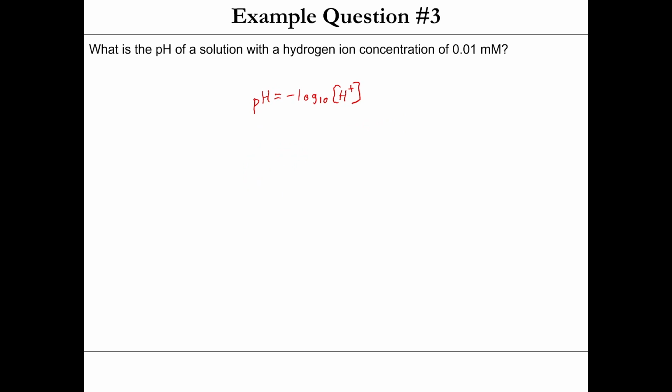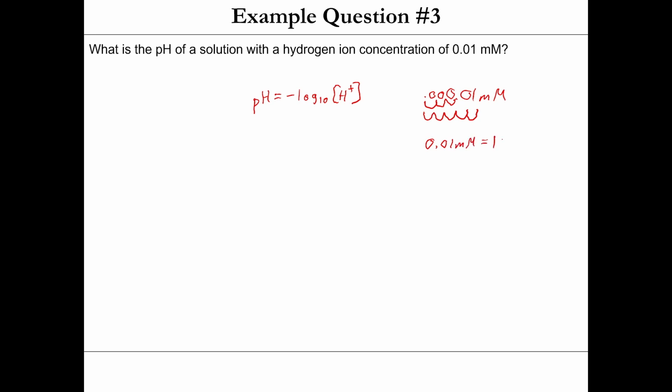So there's a few different ways you can do this. I do it this way, where I say, oh, I want to go from millimolar to molar, so 1, 2, 3. So you can actually multiply it by 10 to the negative 3. And so that ends up being 1, 2, 3, 4, 5. So 0.01 millimolar equals 1 times 10 to the negative 5 molar.